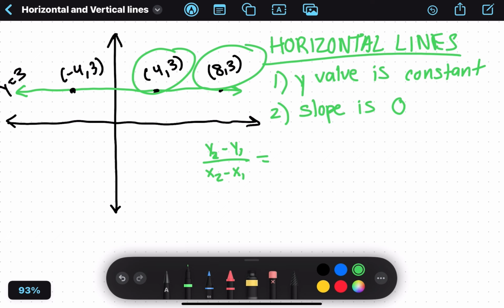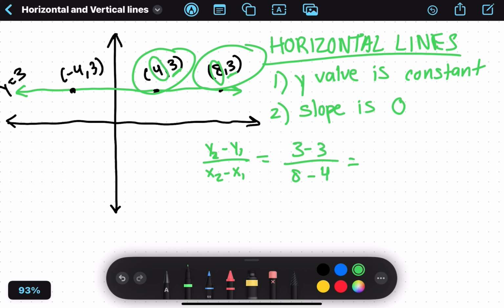So y2 minus y1, or y2 in this case, would be 3. Our y1, 3. So 3 minus 3 over x2 minus x1. Our x2 would be 8. And our x1 would be 4.